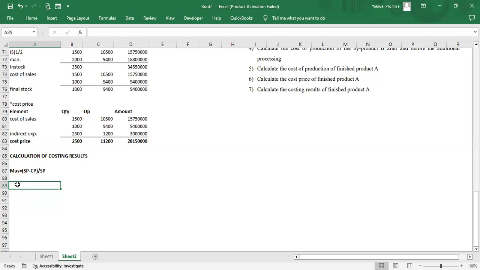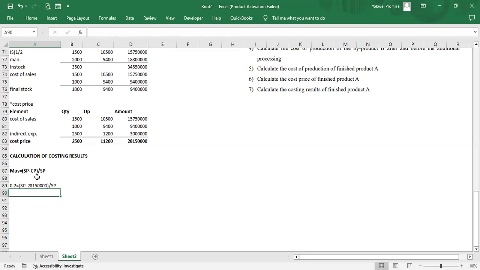So the markup rate, 20%, which is 0.2, is equal to selling price minus cost price, which is 28,150,000, all divided by the selling price.